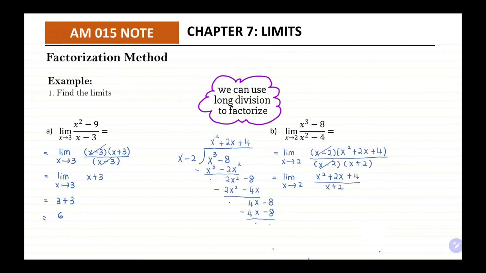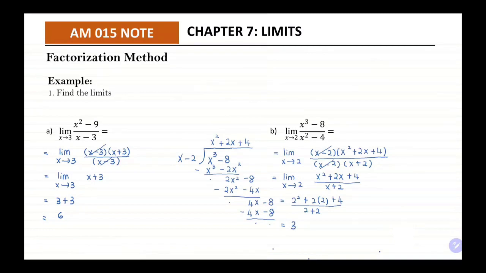Next we substitute x equals 2 into the function. So we get 2 squared plus 2 times 2 plus 4 over 2 plus 2. So the answer is 3. Okay, now we continue to the next question.